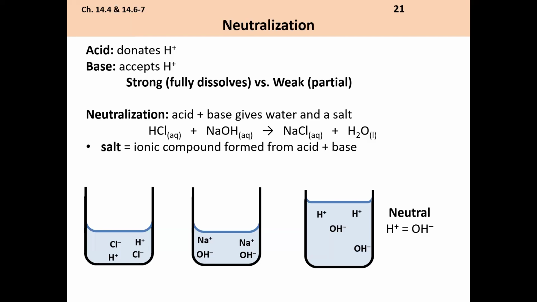If I have HCl, an acid, and NaOH, a base, the H plus and the OH minus are going to come together to form H2O, and I'm going to be left with NaCl. So neutralization is when an acid and a base react to produce water and a salt.